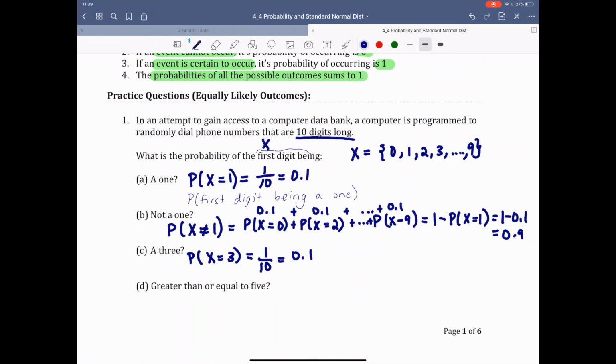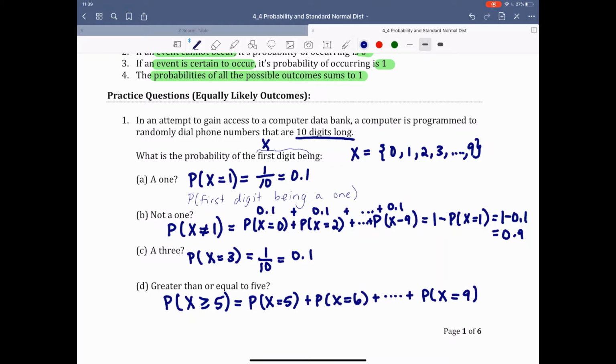And lastly, we have, what is the probability of the first digit being greater than or equal to a 5? So the probability that X is greater than or equal to 5 is, that means that it can be 5 or it can be a 6 all the way up to 9.